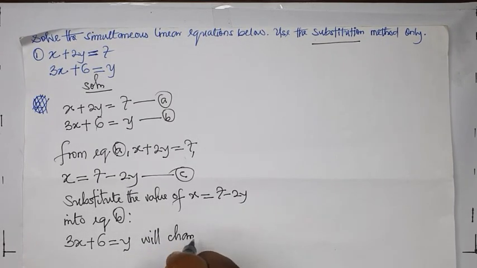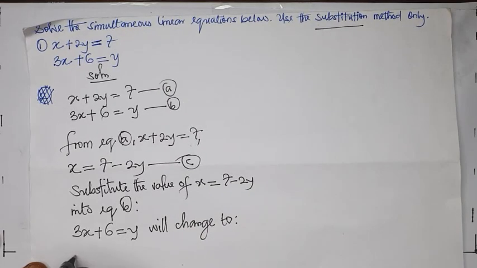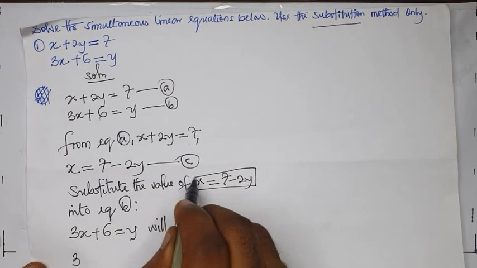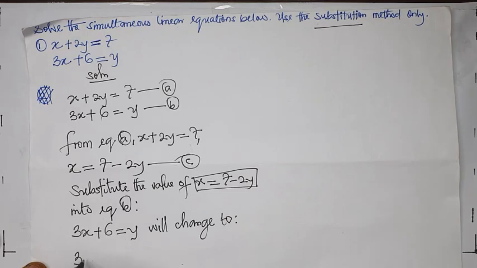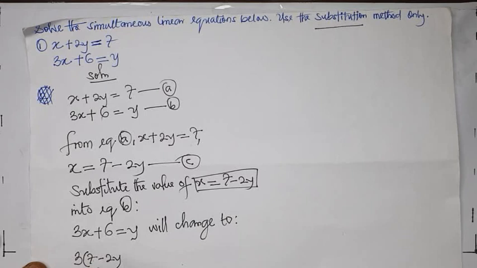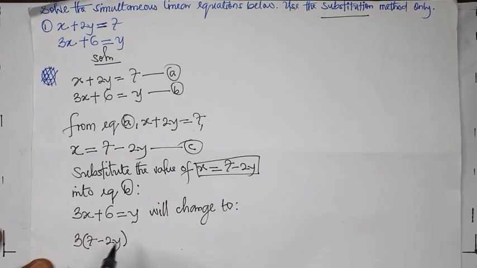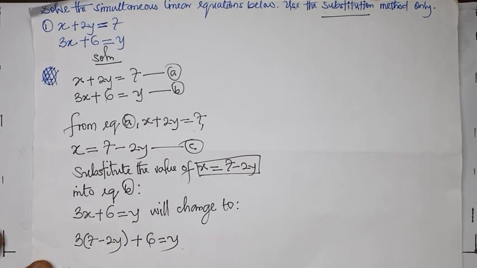So equation B will now change to what? It now becomes, instead of writing 3x, remember they already told us that x is now 7 minus 2y. So I will not be writing x here. Instead, I will represent x with 7 minus 2y. Are you there? Close the bracket. That is my 3x now. Plus 6 is equal to y.